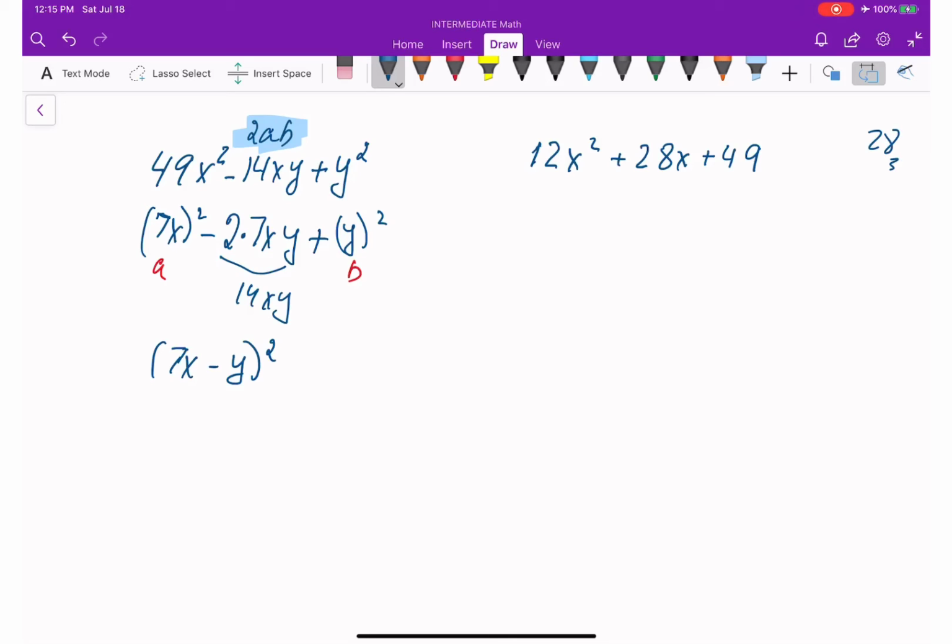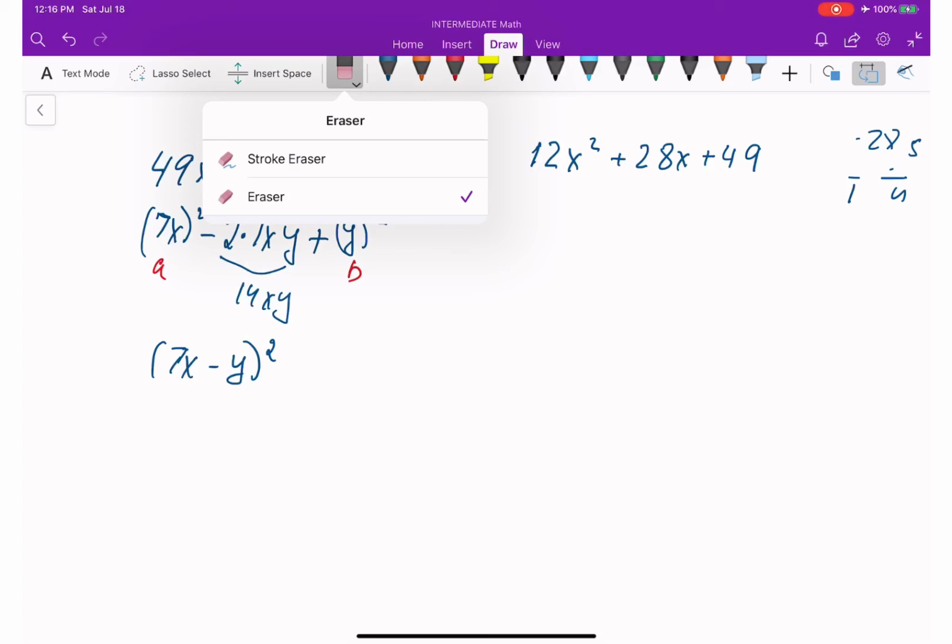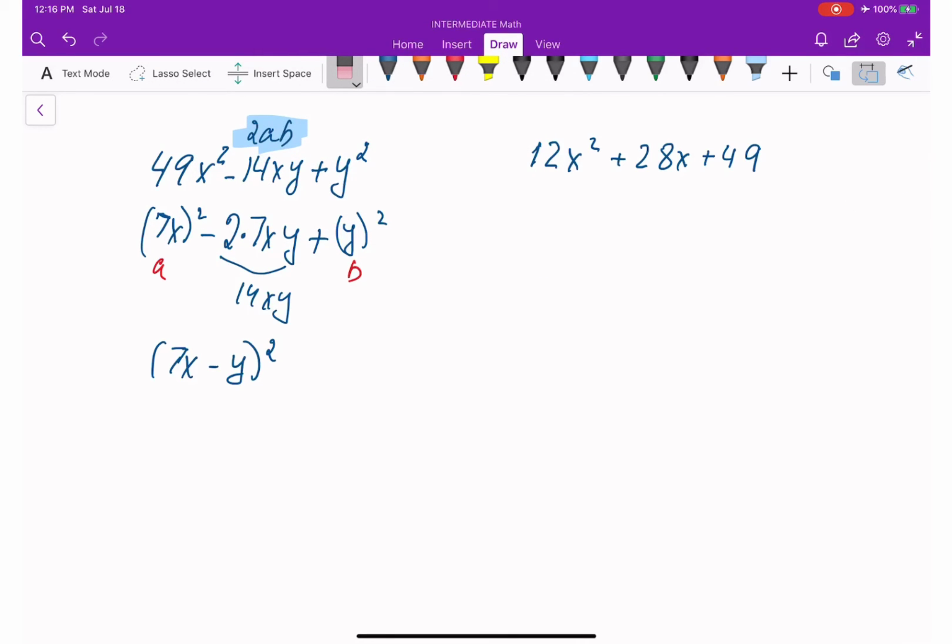Okay. So it's going to be, one second. I'm going to clean this 28 and write down here 84.